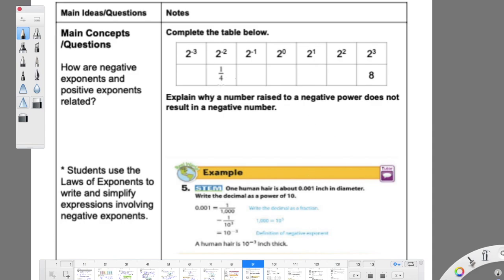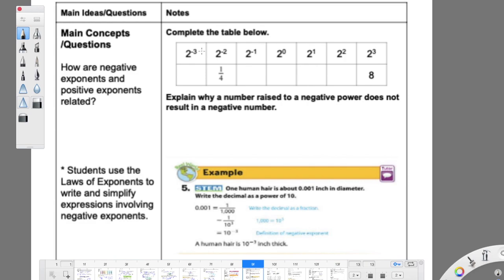Okay, so it says complete the table. So we're going to look at this table here and explain why a number raised to a negative power does not result in a negative number. So remember, we were just talking about that. The negative exponent does not mean it's a negative number. What it means is it's a fraction, and it's in the wrong place.